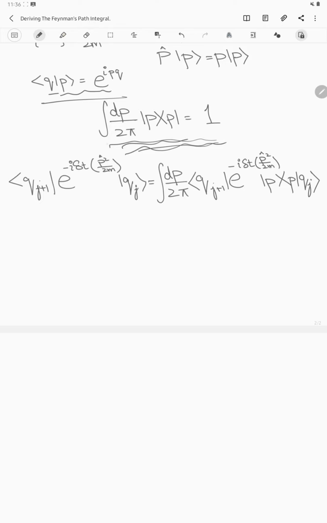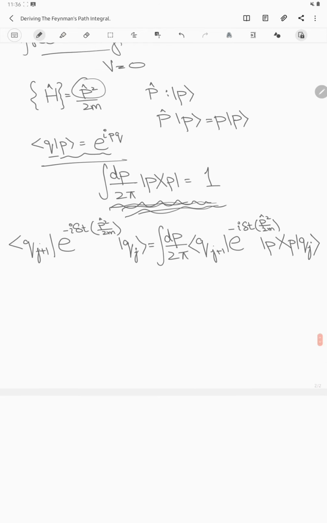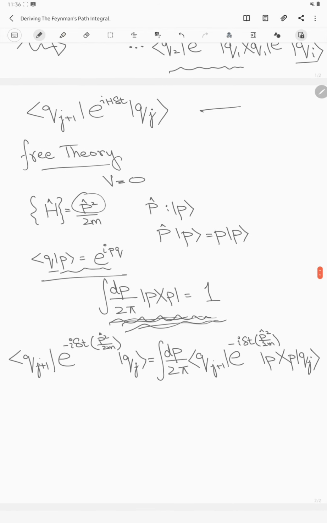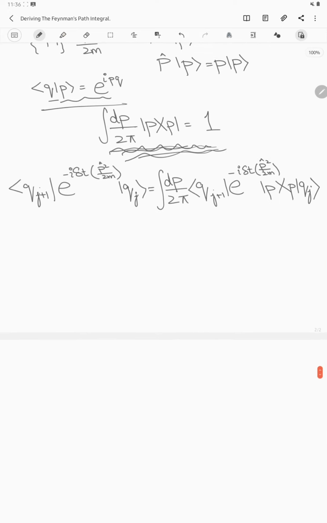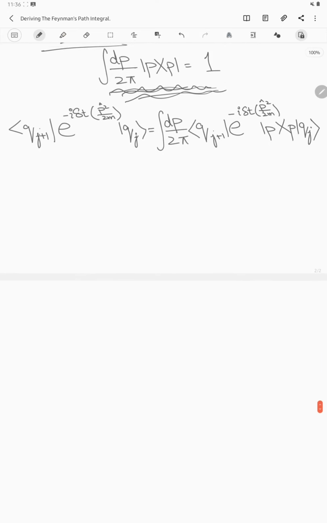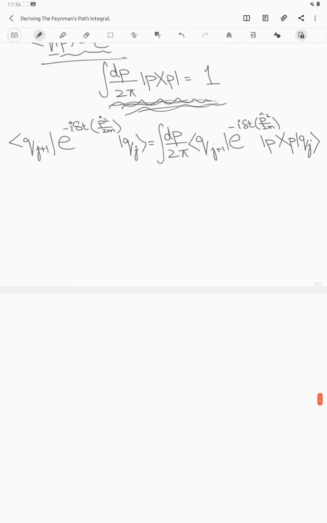So all I have done is I have inserted this thing in this expression over here, right? Okay, so now note that since the momentum operator over here is acting on the eigenstate p, we can simply replace it with its eigenvalue, that is just p. So it's just a number now.